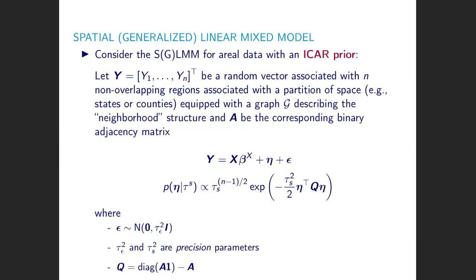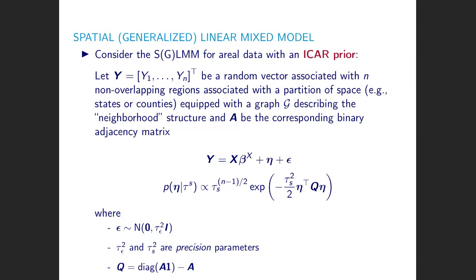Okay, so the way this model is specified is using the same decomposition that I'd shown previously. We'll have a regression term, a spatial random effect eta, and an independent error structure epsilon. And this ICAR prior is a prior specification for the spatial random effect eta. It has this particular form here, which looks a lot like the kernel of a multivariate normal distribution. And it is functionally similar to that.